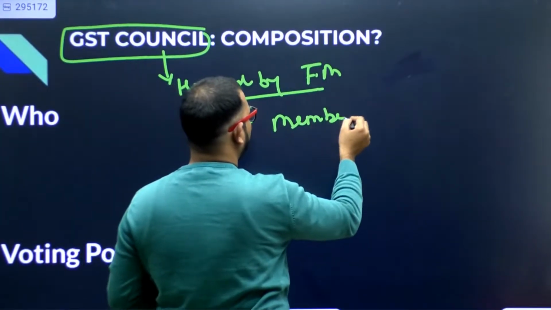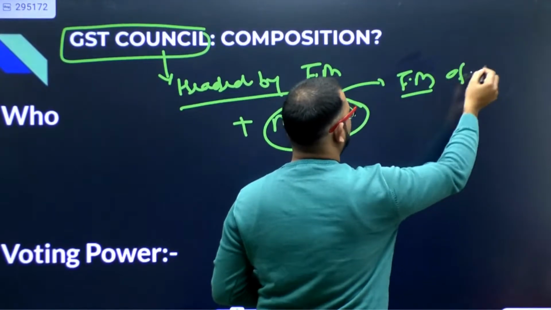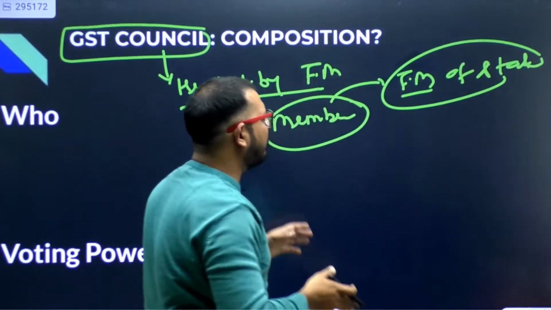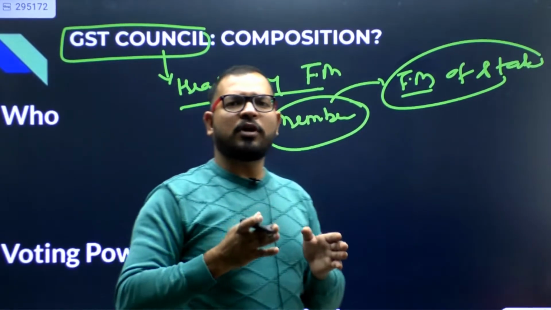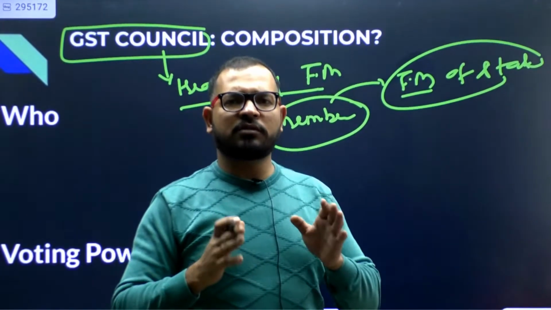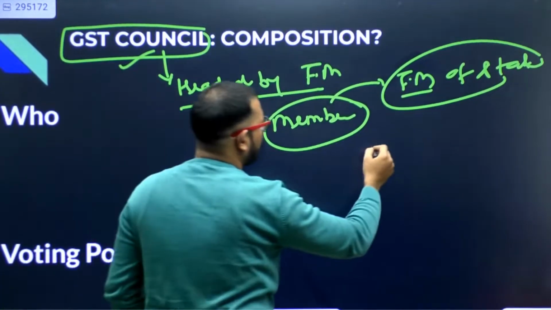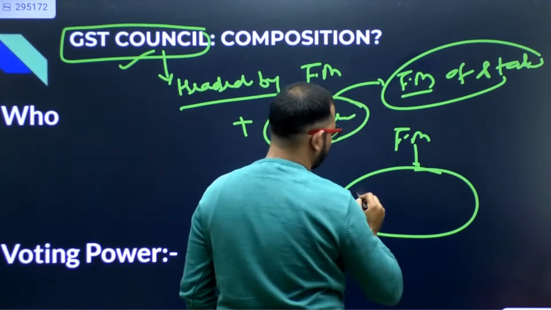And who are the members? Members are the finance ministers of states. They will come, sit together, and decide which product will come under which type of tax slab.